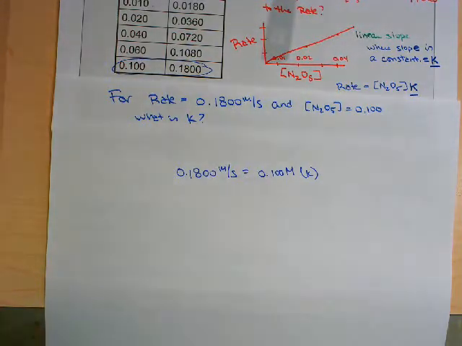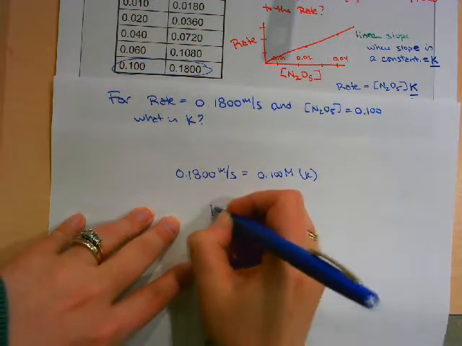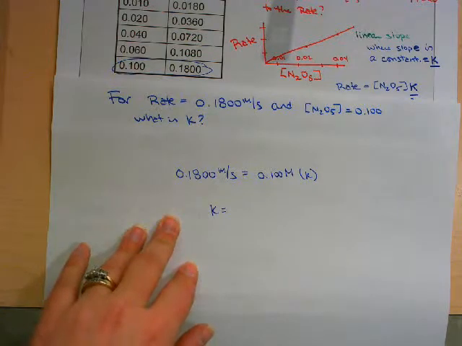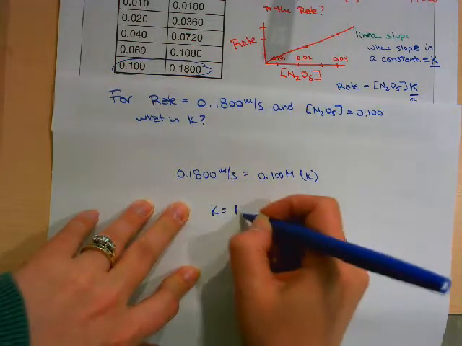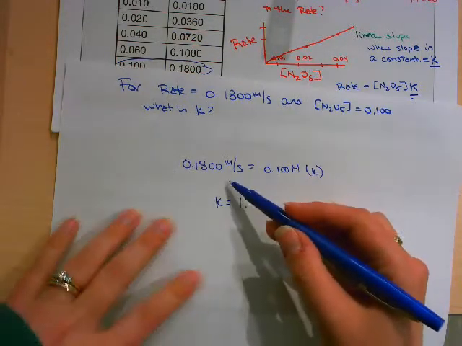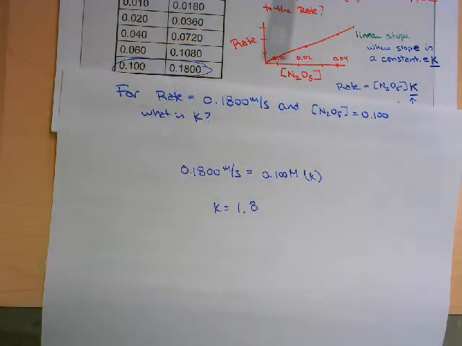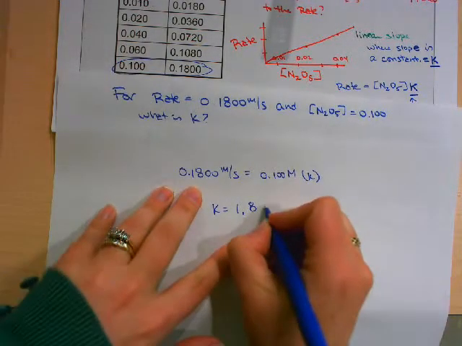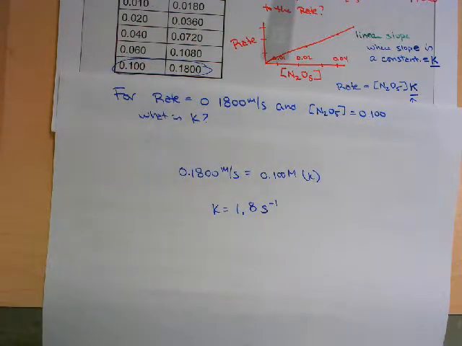How do I get K by itself? Alright, divide by 0.1. Try to have the right units on this. Okay, if this is molarity and this is molarity per second, what is K's units then? Inverse seconds or per second? Both would be fine.